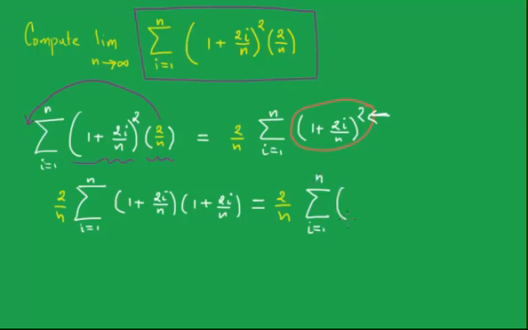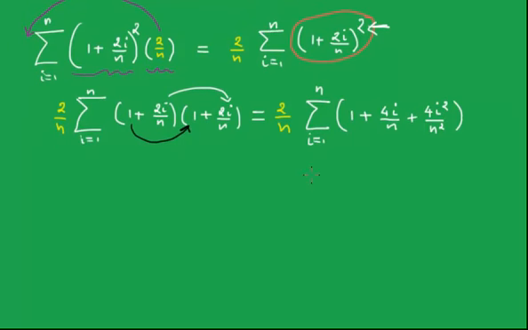When you FOIL, you get 1 times 1, which is 1, plus 2 times 1 times 2i over n, which is 4i over n, plus 2i over n times 2i over n, which is 4i squared over n squared. So that's what we have.